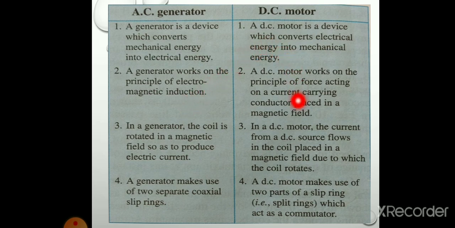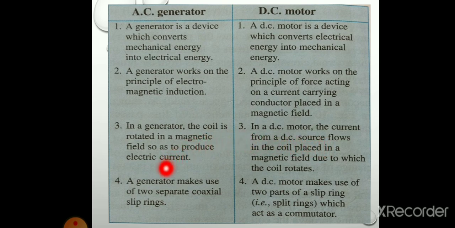The DC electric motor works on the principle of force acting on a current carrying conductor placed in a magnetic field. In a generator, the coil is rotated in a magnetic field so as to produce electric current. But in a DC motor, the current from a DC source flows in a coil placed in a magnetic field, due to which the coil rotates. Here mechanical energy is obtained.